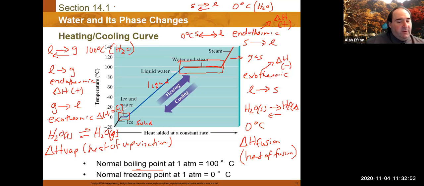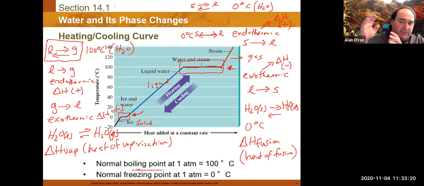The amount of energy required to do these transitions is different. And you can just see it in the lines here. When we compare this line going from solid to liquid to how big this line is over here going from liquid to gas, it takes a lot more energy to do this transition than it does going from solid to liquid.